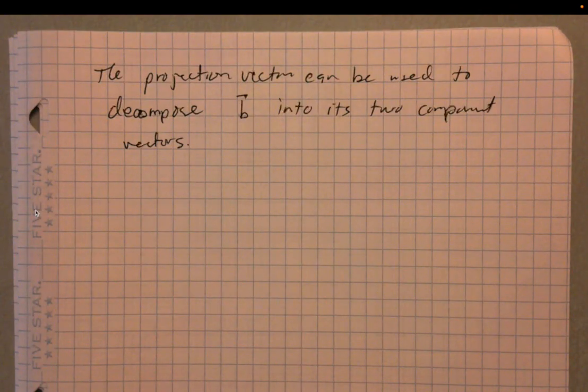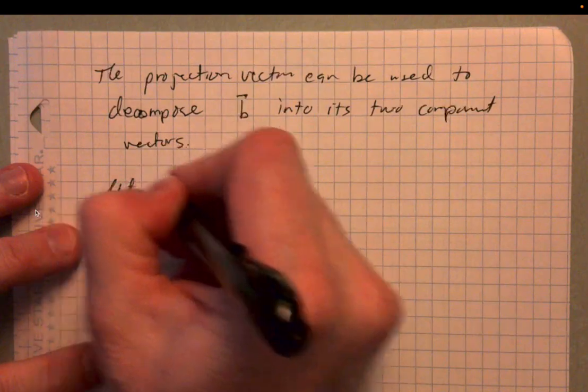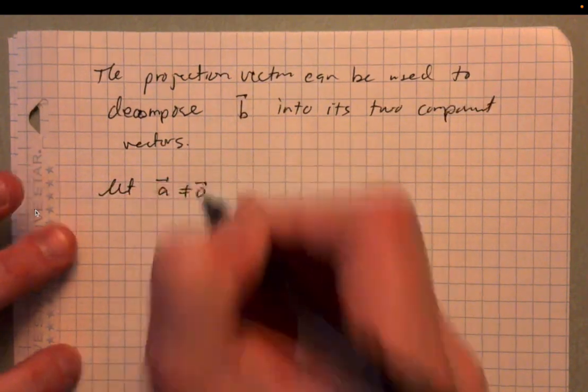Okay, it's two component vectors. So let's talk this through. Let's let A be non-zero.